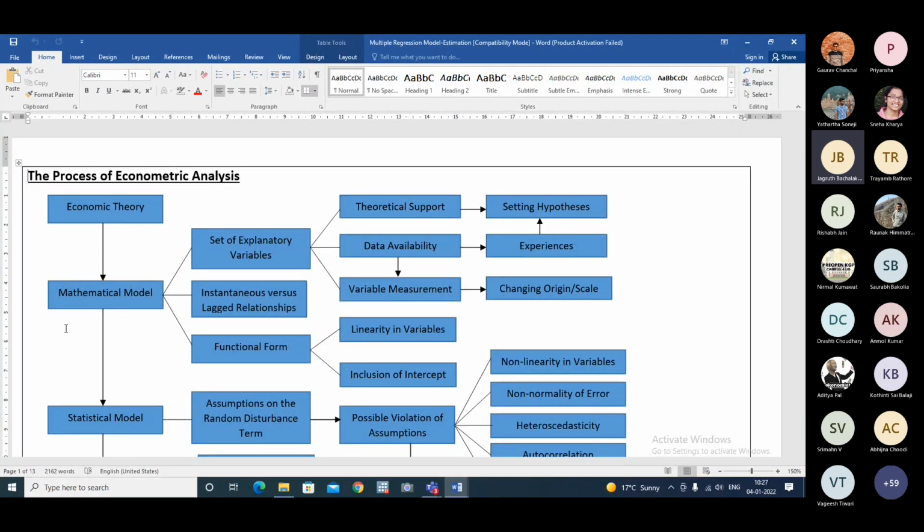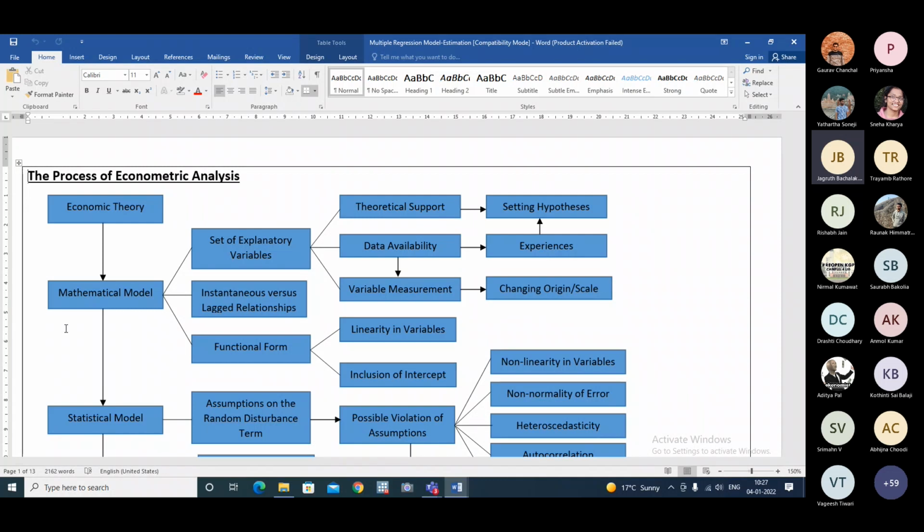Suppose I want to test the validity of the law of demand. So say y stands for the dependent variable, that is demand, and x stands for the independent variable, that is price. Now I can write two specifications.